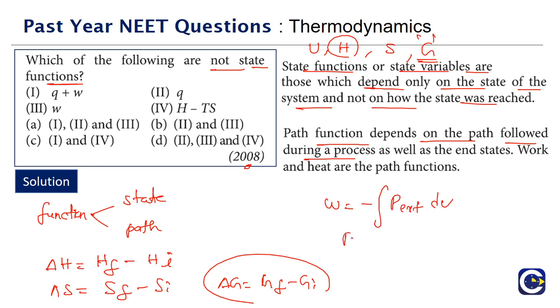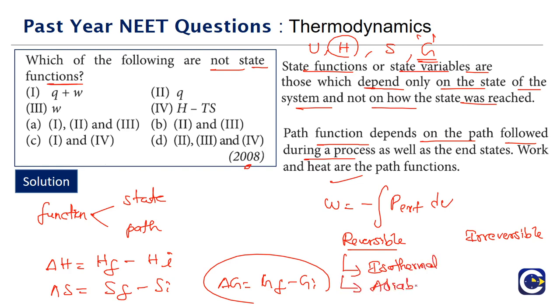If it is reversible we can simplify this expression; if irreversible we cannot, and we have to use the general formula. Even for reversible, if it is isothermal we have a different expression, if it is adiabatic a different expression, and if it is isobaric a different expression. So the work is depending upon the path.